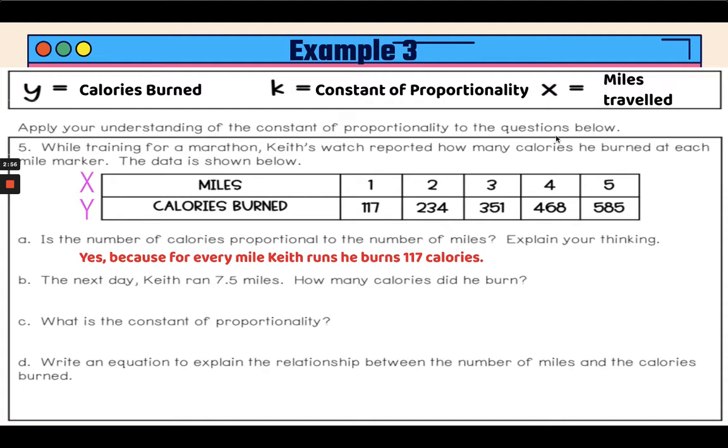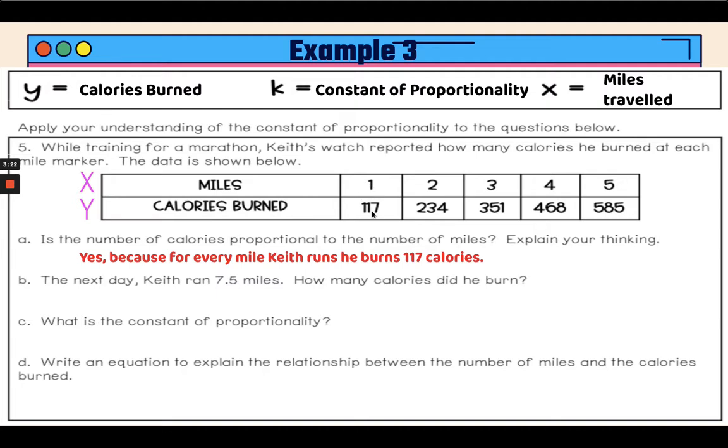It's proportional. So let's go ahead and use this information now to see if we can find a data point that's not on this table. So the next day, Keith ran 7.5 miles. Not hours, that's crazy. How many calories did he burn? So I know 1 mile is 117.